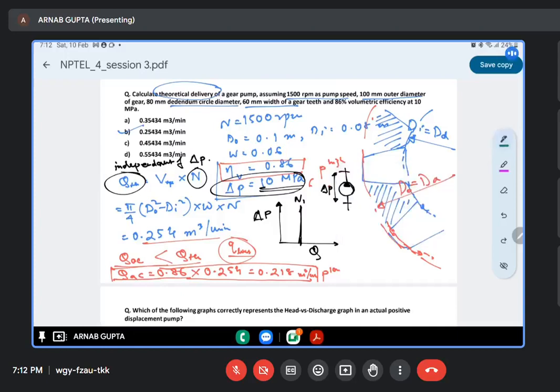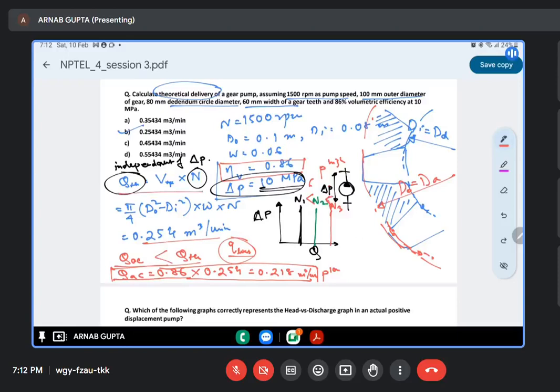At a higher speed, say N2, it should be like this. At a still higher speed, N3, it should be like this for an ideal pump. So N1 is less than N2, less than N3.